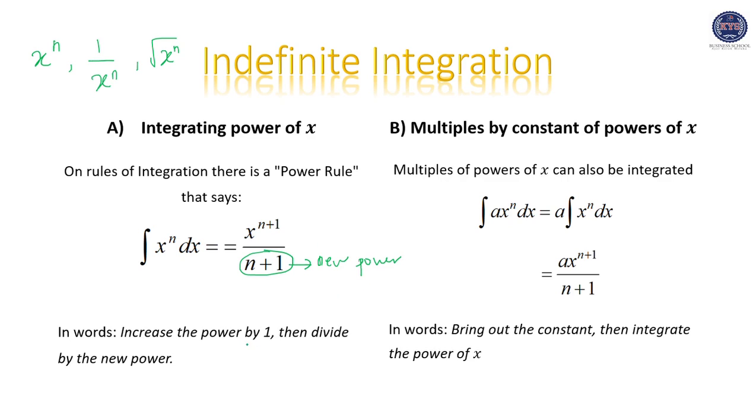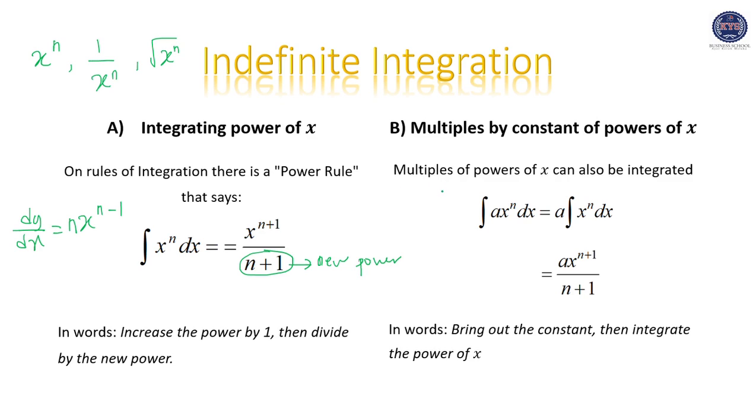So in words, increase the power by 1, then divide by the new power. Compared to differentiation, dy over dx, you bring down the power and then power minus 1. Compared to integration, you add the power by 1 and then divide by the new power.